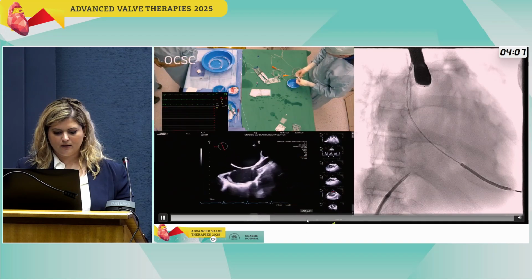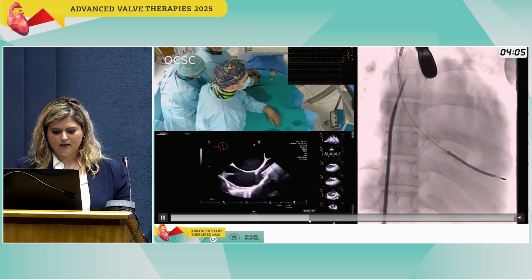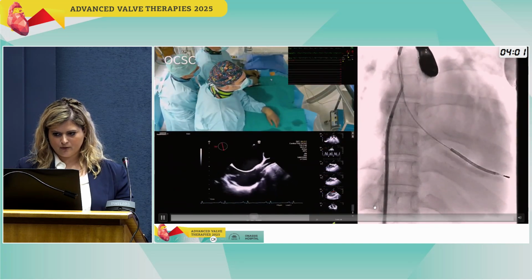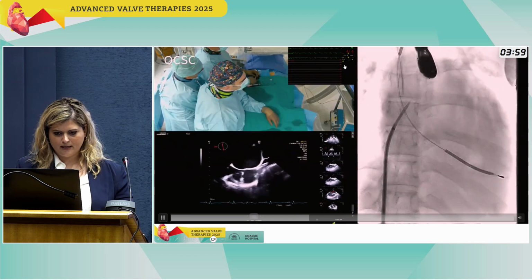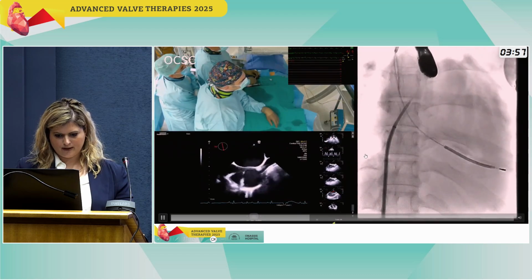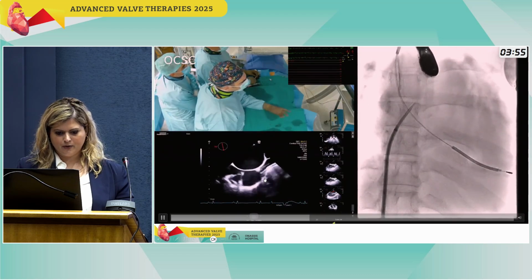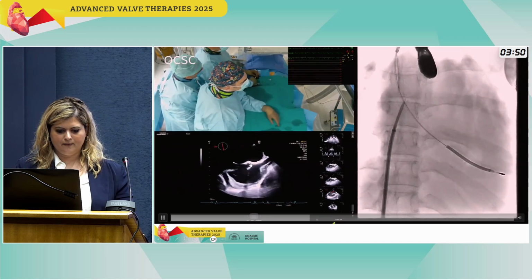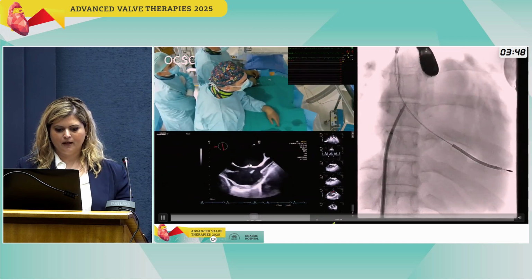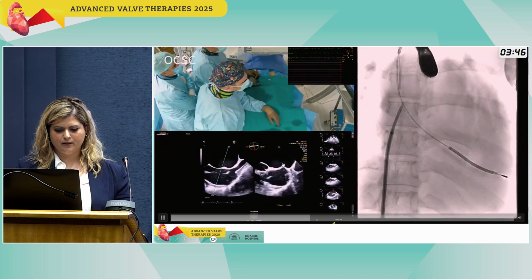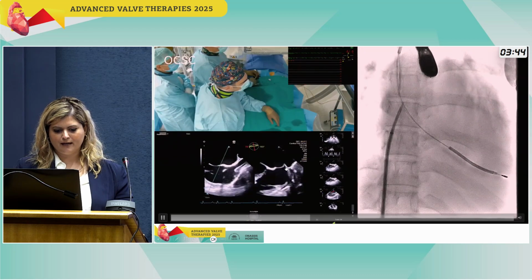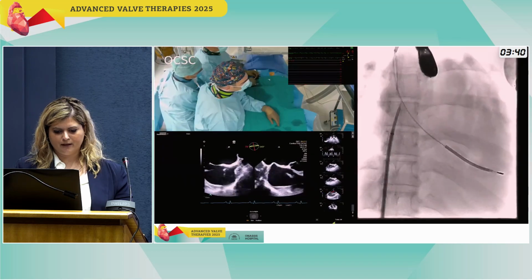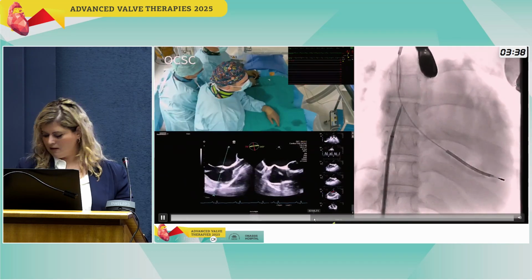I'm going a little bit here to where the puncture is taken through. You will see here the fluoroscopy and here a little data about our hemodynamics. Here you see the catheter and the needle. This is here, and you see the tenting of the fossa ovalis. And we are doing our measures, everything under echo guidance.